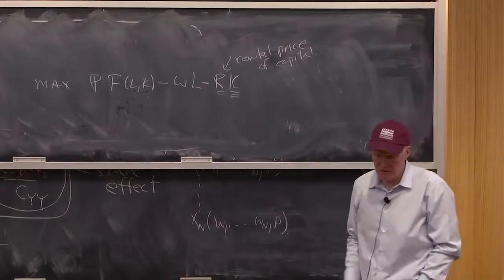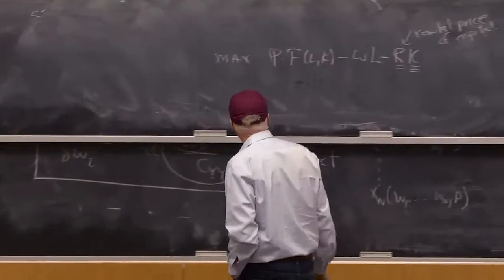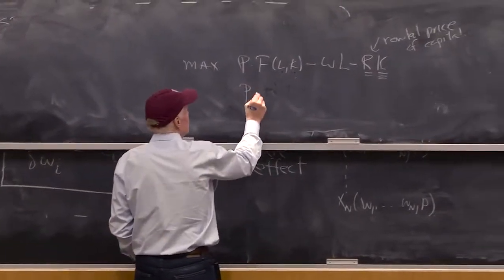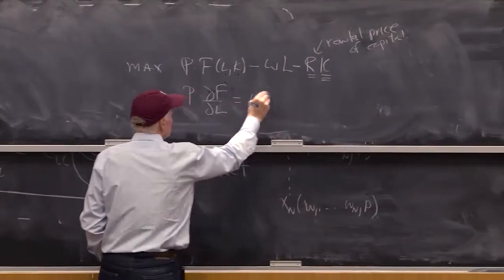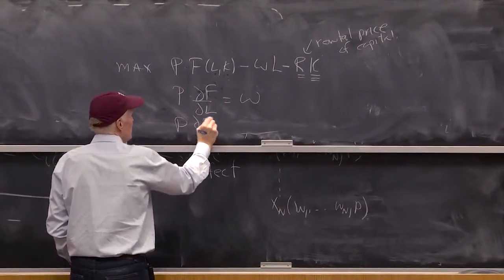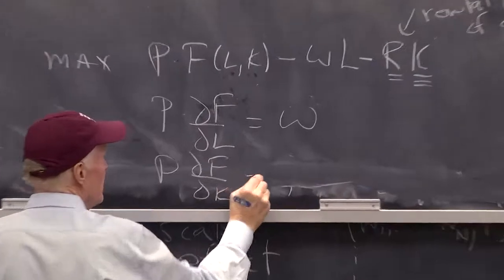Okay, we use the direct approach. And of course, the first order conditions are P times partial F partial L equals W, and P times partial F partial K equals R.